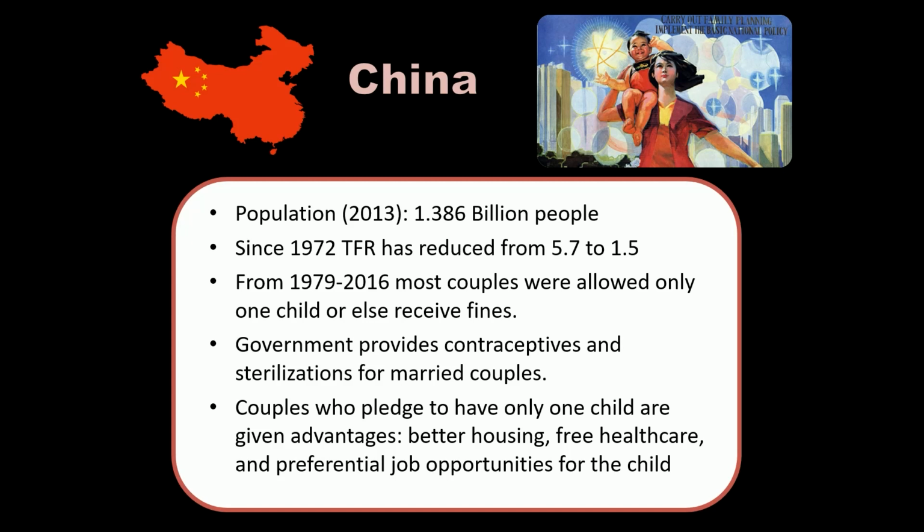So if you are willing to pay that fine to have more children, and you are a wealthy person, you would just pay that fine. So this too is a policy that disproportionately affects those with lower income. And those are the people for whom having more children is more of an economic benefit.